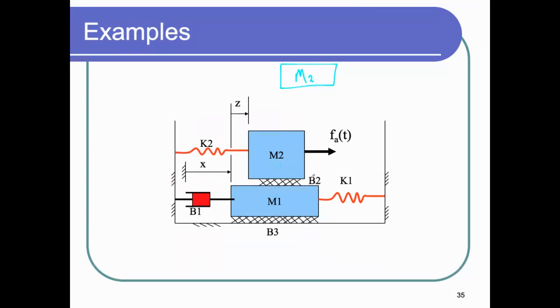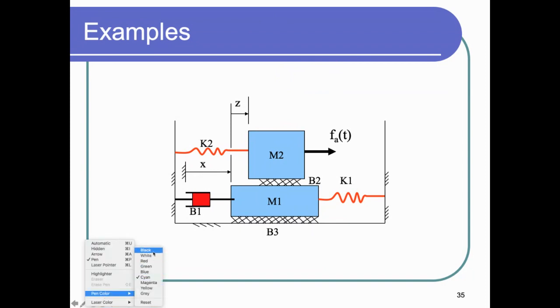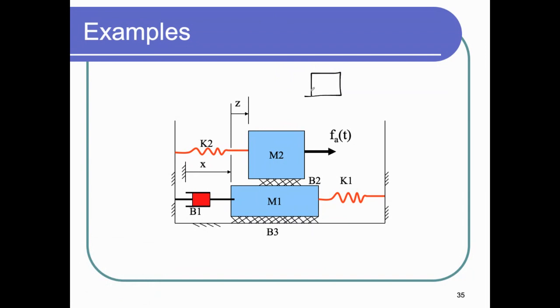Is this color clear, or do you want me to use a darker one? Because it seems light. Yeah, darker, please. Okay. So let me use black. So we have M2, and let me put M1 here down below. For every mass, we have an equation.